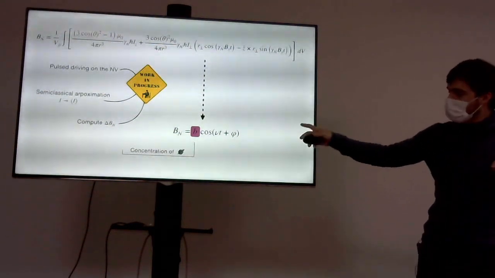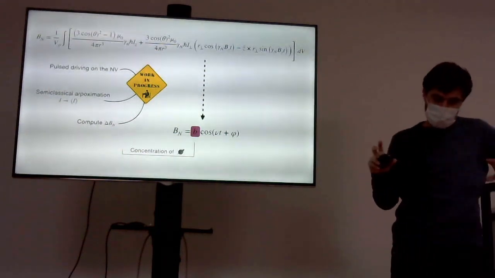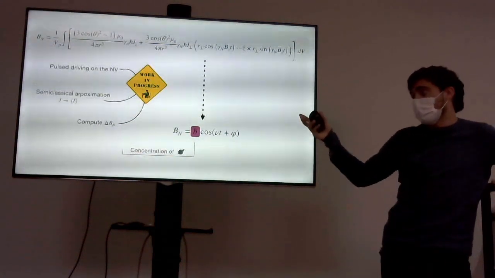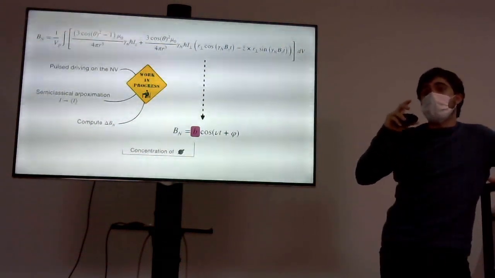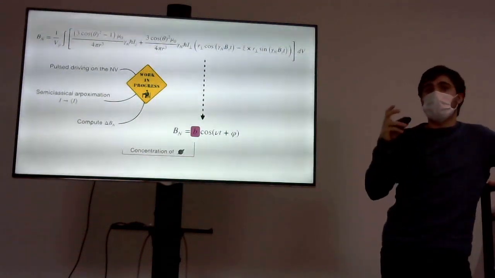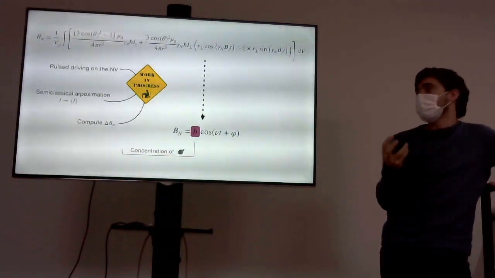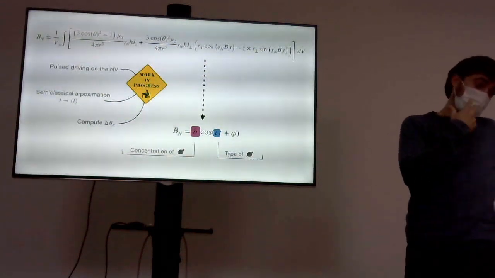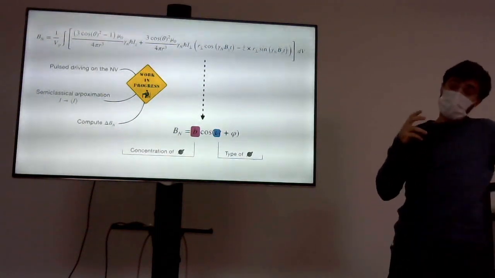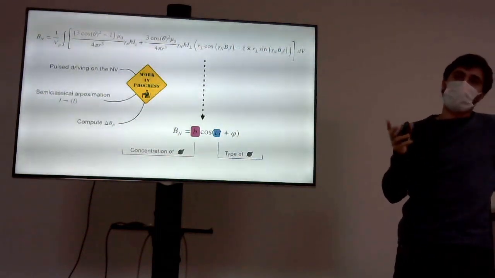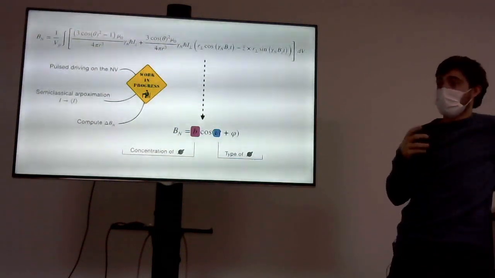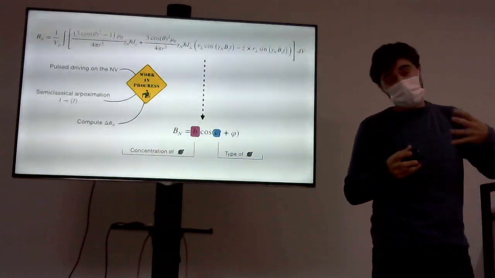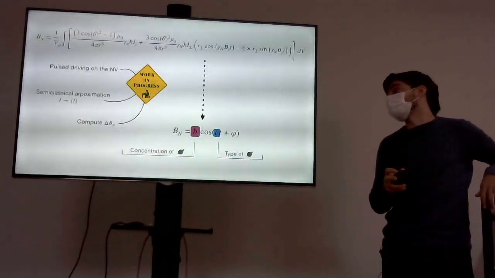And already in this expression, it's easier to read the information, basically because the amplitude gives you the concentration, the amount of nuclei that are emitting this signal, and the frequency gives you the information about the type of nuclei you have. Each type of particle rotates with a characteristic frequency around a magnetic field, so identifying the frequency is just identifying which kind of nuclei we have in the sample.